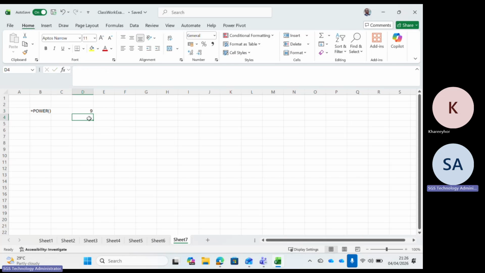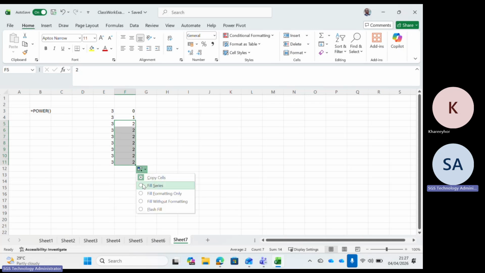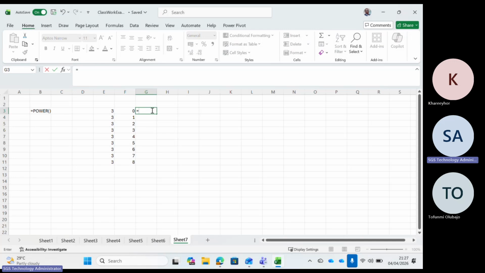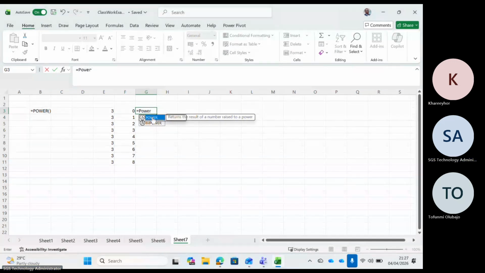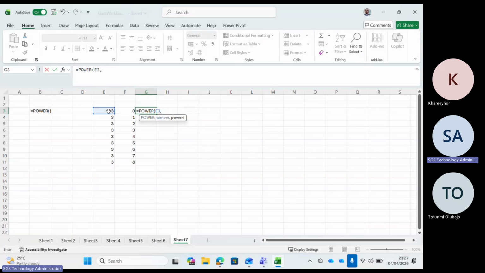Let me separate it for understanding purposes. Let's say the number here is 2, and let's just do a multiplication table, 2 raised to power 0, power 1, power 2, like that. The answer equals POWER of this raised to power this.